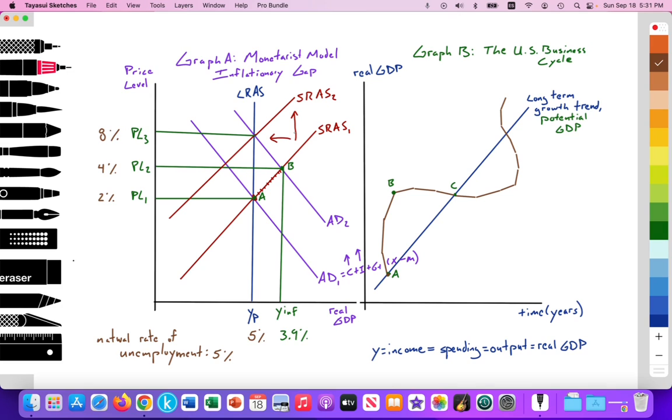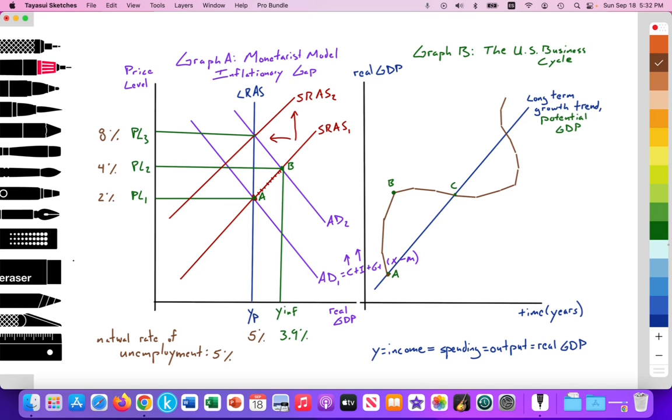Now, as the costs of production rise, firms will be unable to employ the needed resources due to their fixed financial resources. And so they're going to have to reduce their supply, as we see here, SRS1 to SRS2. And with these rising costs of production, they're going to price their outputs higher at PL3.